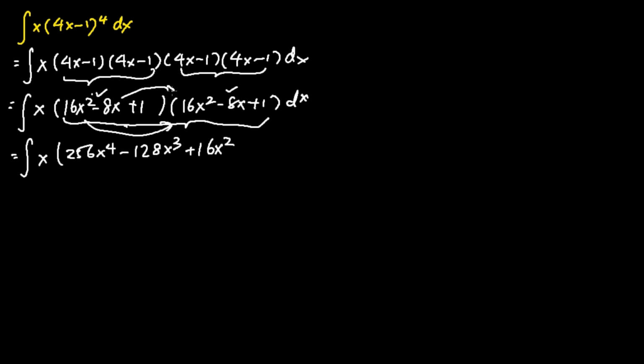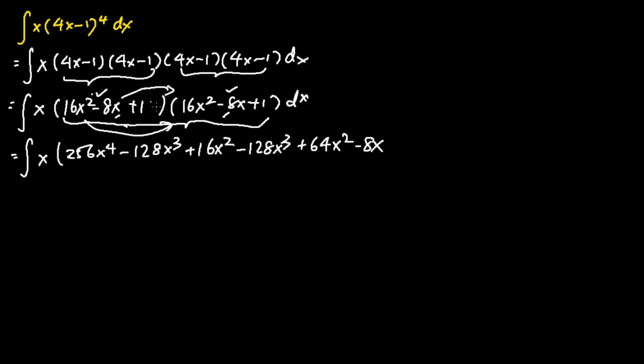And next I'm going to take minus 8x times 16x squared, which gives me minus 128x cubed. Minus 8x times minus 8x gives me plus 64x squared. And then minus 8x times 1 gives me minus 8x.